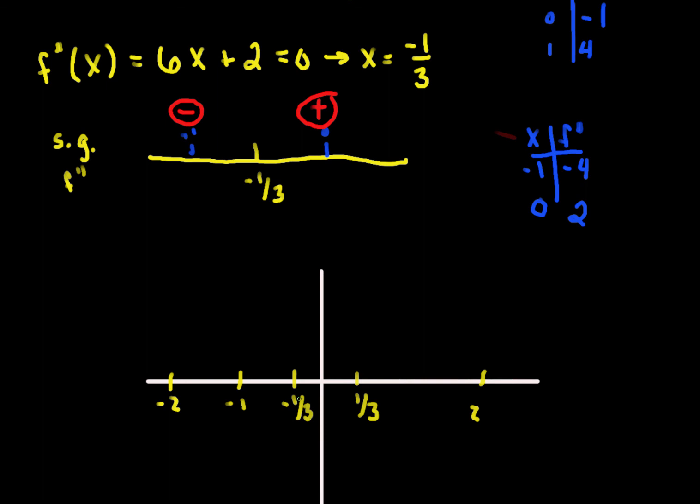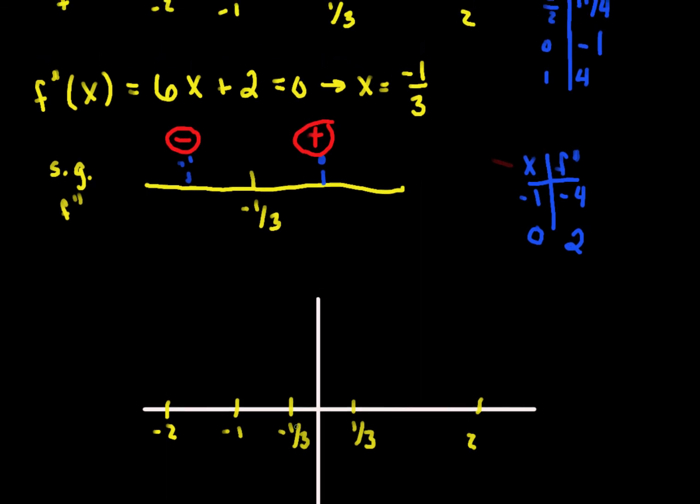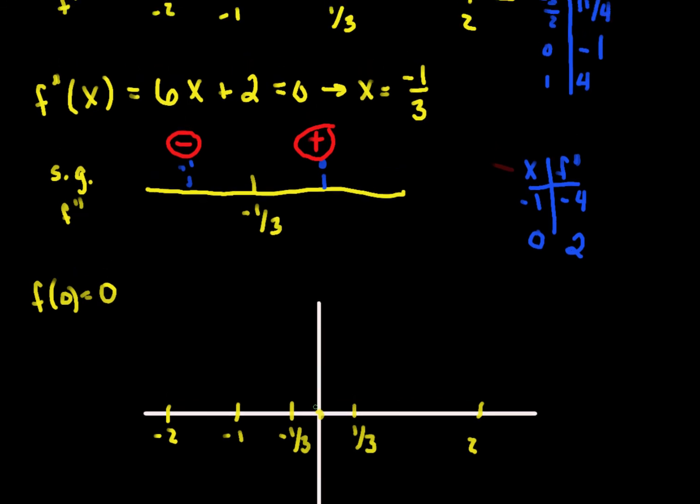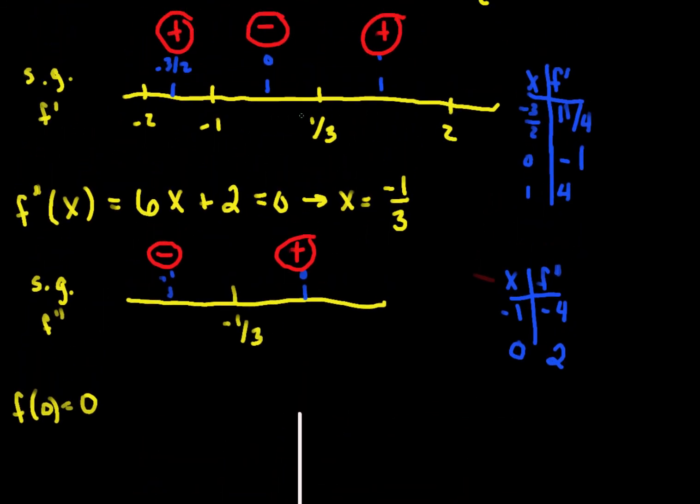And so putting this together, and also recognizing that f of 0 is 0, we have at least one anchor. We know that it's going to go through this point. If I'm at 0, it's going to be decreasing until I hit -1, and then it's going to be increasing after that.